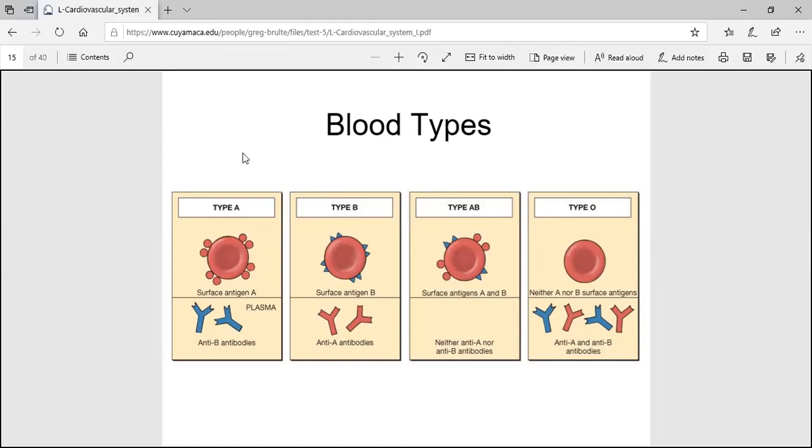And if it clumps or coagulates, then they're either type A or they could be type AB, because those A antibodies are sticking to either A antigens on type A blood or A antigens on type AB blood.